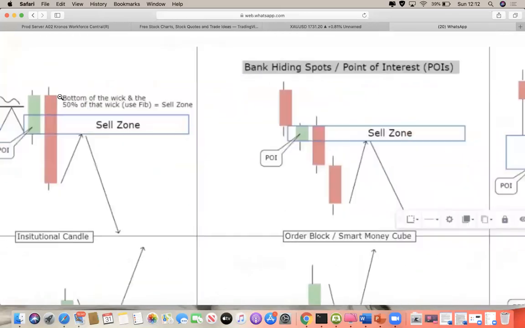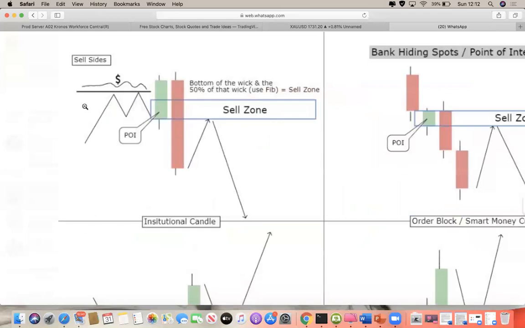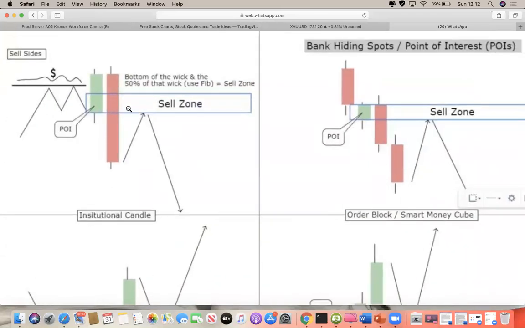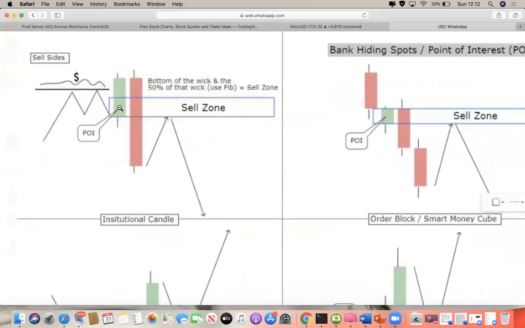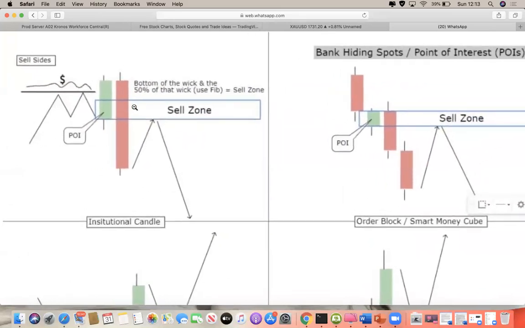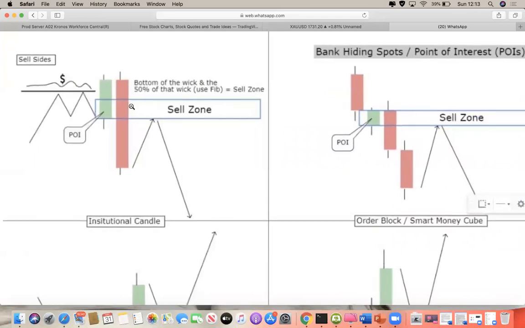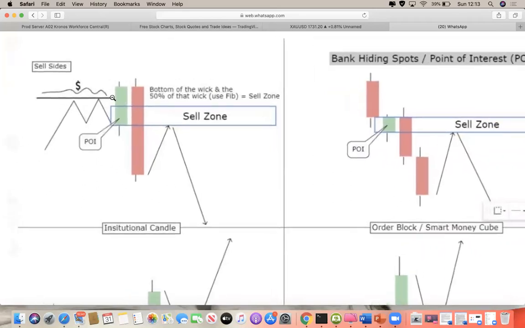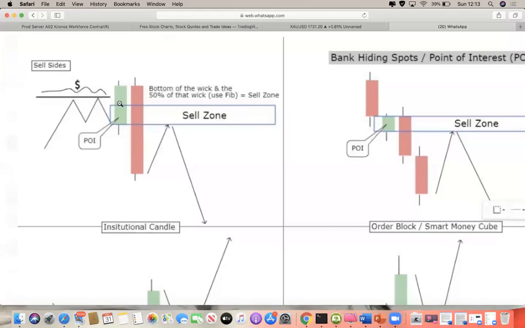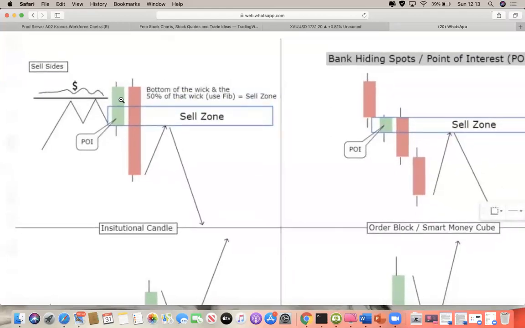This is where you want to be selling the market. Hence why we have pointed out in that zone the point of interest, POI, that's just what it means. You want to take the opening of that institutional candlestick, this green candlestick being your institutional candlestick.